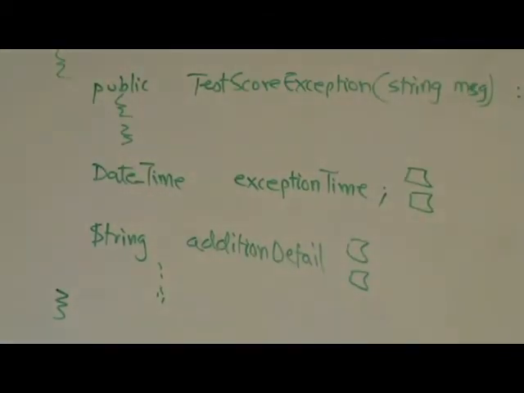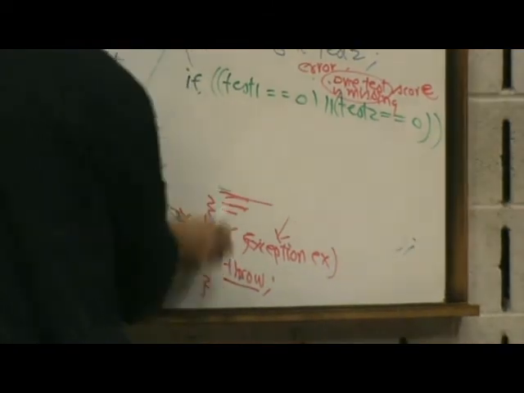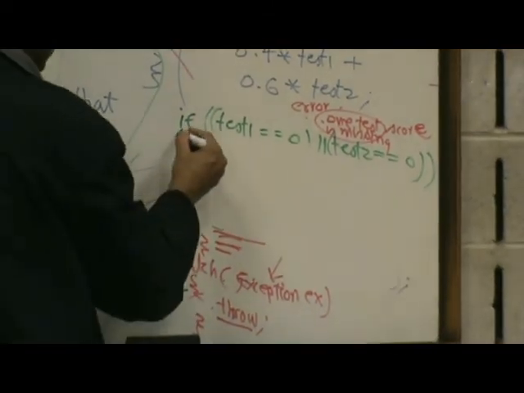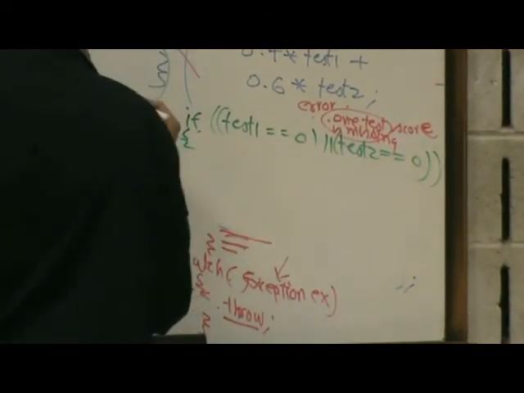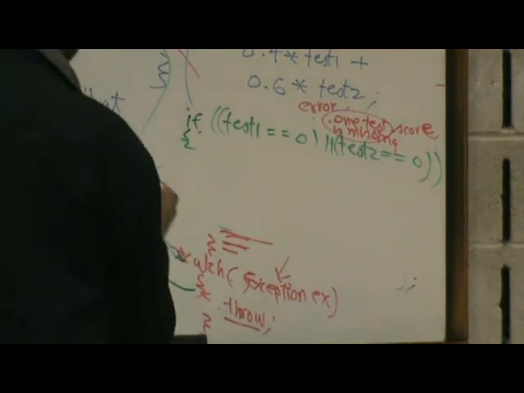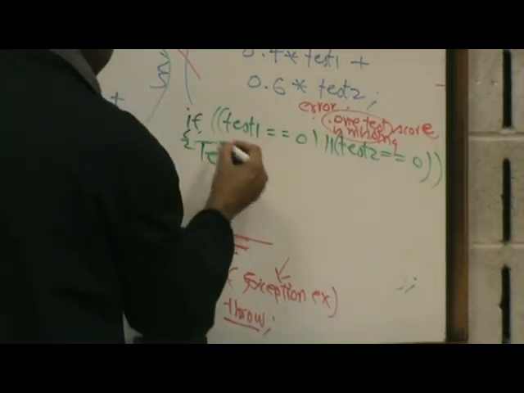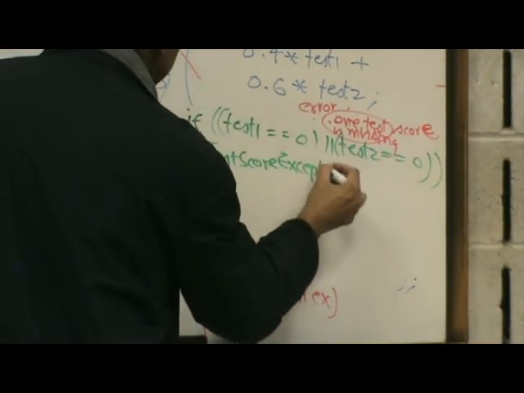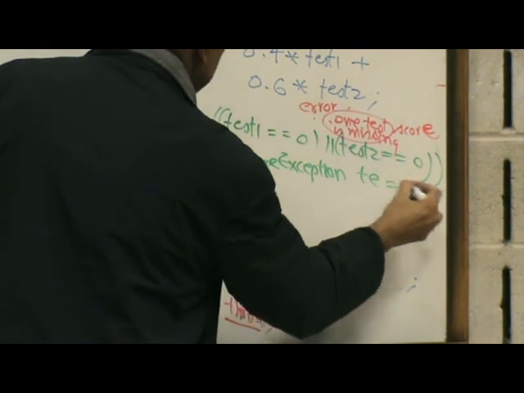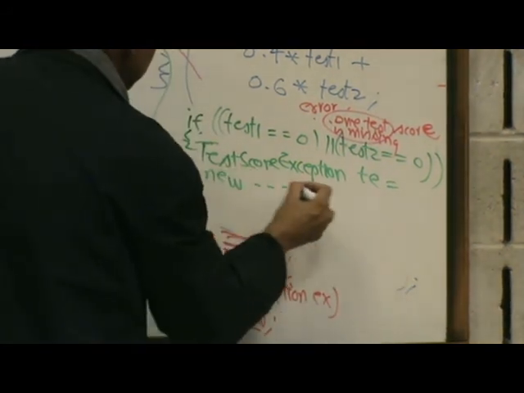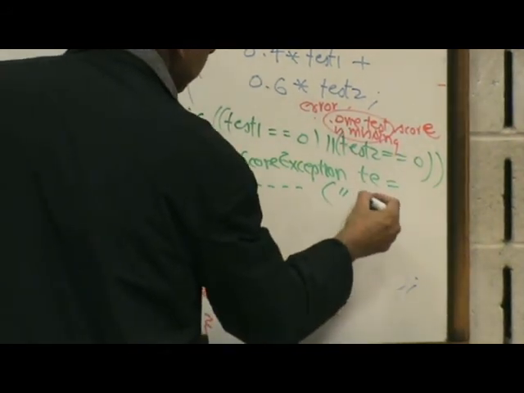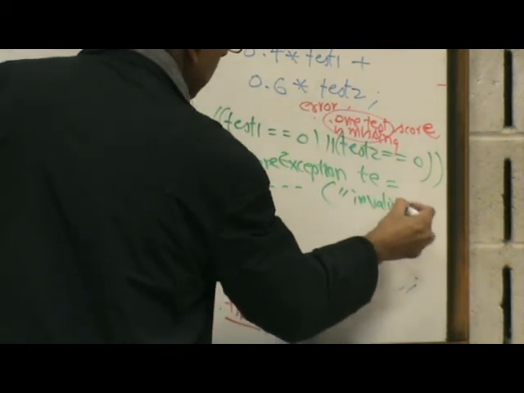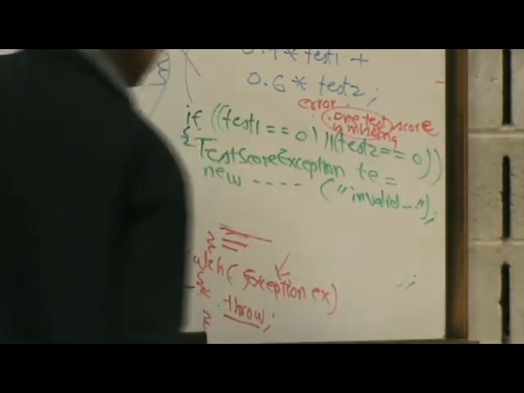So now coming back over here, if test1 or test2 is 0, what will you do over here? You will say test score exception TE equal to new test score exception, and put some kind of invalid message, right?